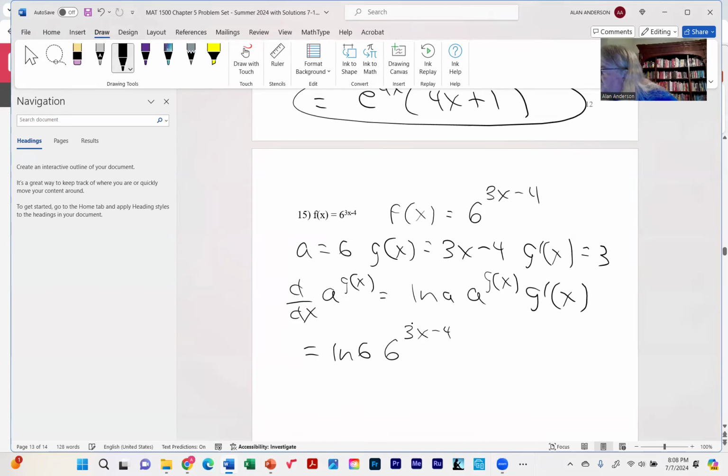And then we need g prime of x, which is 3. So, let's clean it up a little. This is all one constant. That's our coefficient. Okay.